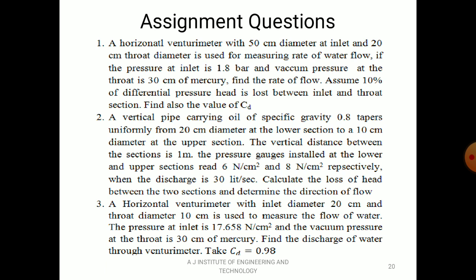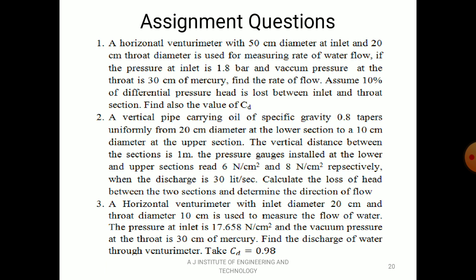So for the horizontal venturi meter, the inlet diameter is 20 cm, that is 0.2, and the throat diameter is 10 cm, that is 0.1. The pressure at inlet is given as 17.658 Newton per centimeter square, and the vacuum pressure, which is negative, is given in terms of mercury, 30 cm or 0.3 meter of mercury.